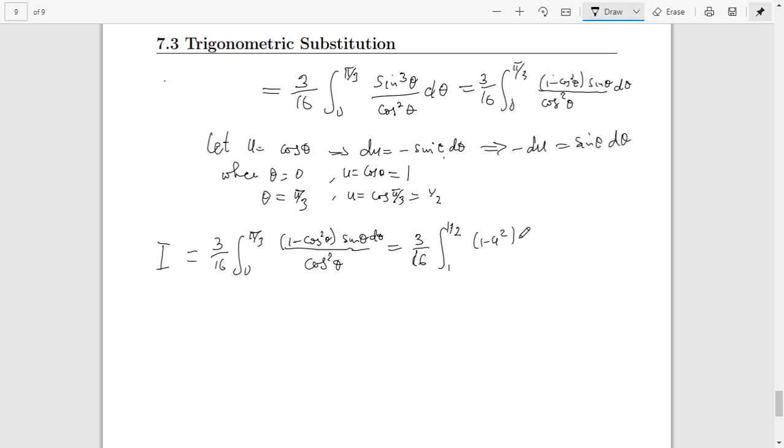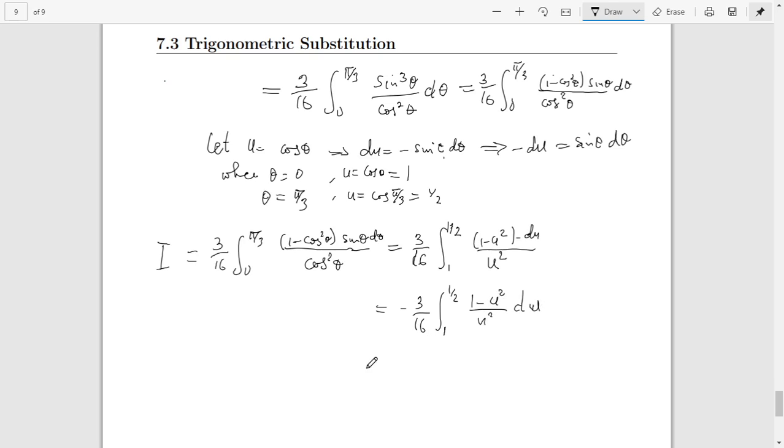Sine theta d theta is negative du, all over u squared. This can be written as negative 3 over 16 integral from 1 to 1/2 of 1 minus u squared all over u squared du.